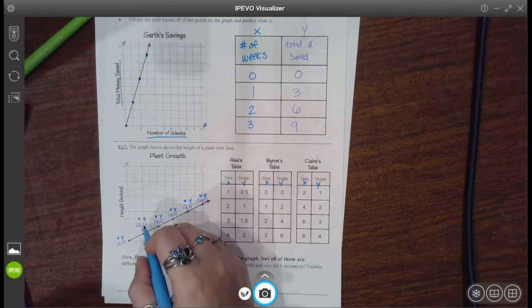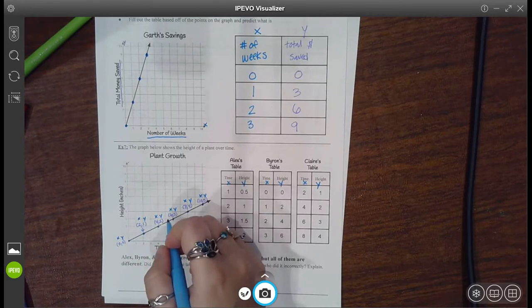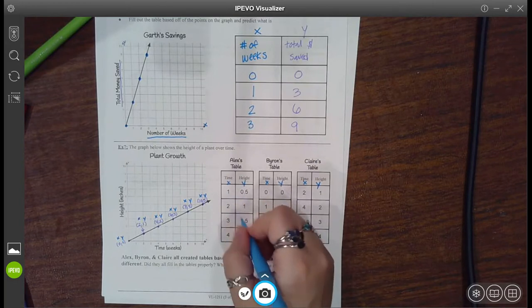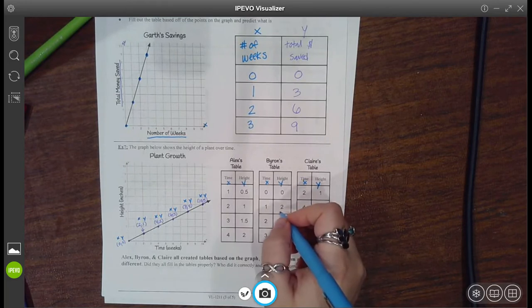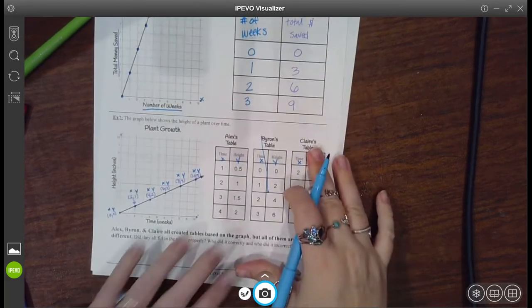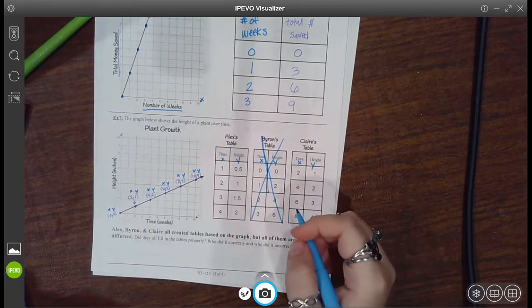Your y is always half the x, right? So 2 is half of 4, 3 is half of 6. Half of 1, half of 2, half of 3, half of 4. 2 is not half of 1. So Brian's table had the wrong way. He probably switched it, I'm guessing.